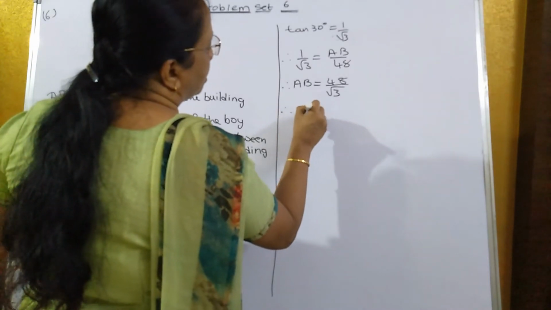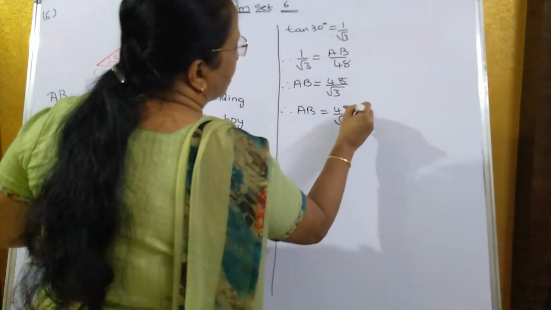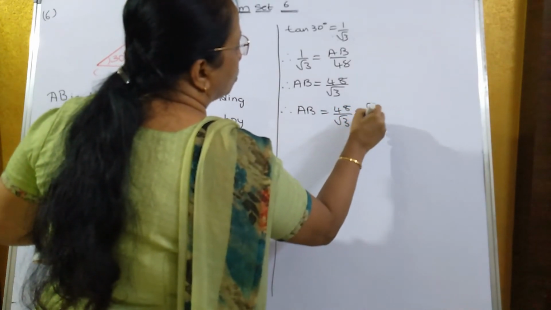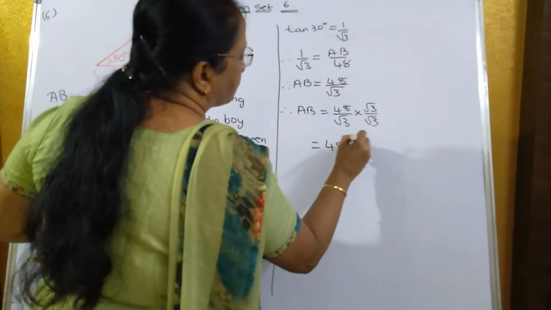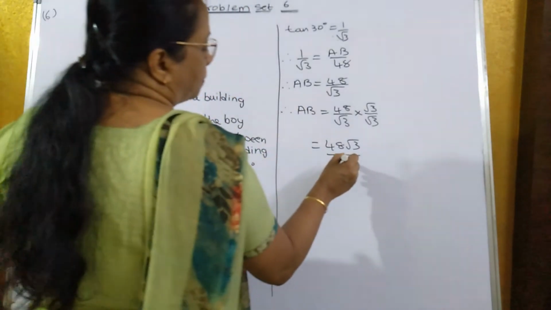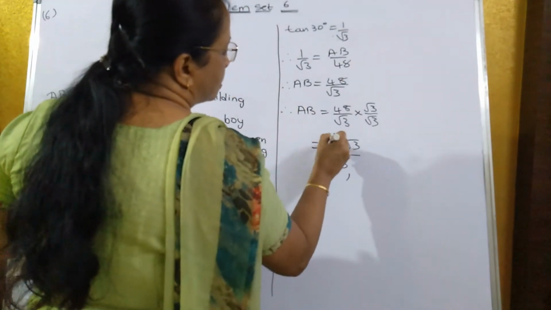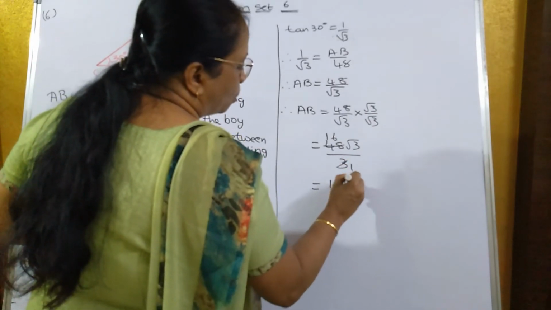Therefore AB is equal to 48 upon root 3 into root 3 upon root 3. So that is equal to 48 root 3 upon root 3 into root 3, which is how much? 3. 3 sixteens are 48. So that's equal to how much? 16 root 3 meter.